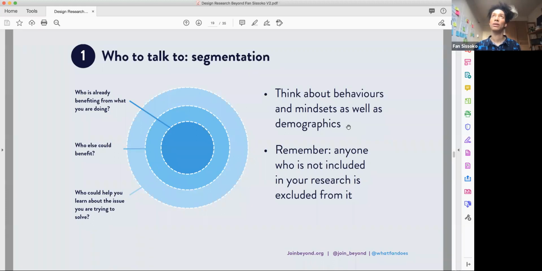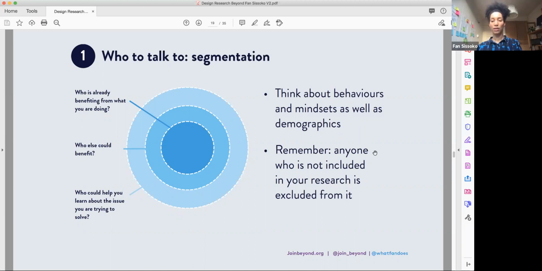So for example, yes, I might want to talk to young people who are experiencing mental health issues, maybe for the first time, but I also want to consider what might be stopping them. And then those barriers might help me to be a little bit more defined about who it is that I'm looking for.